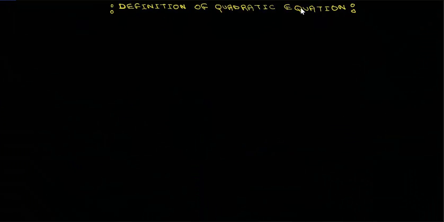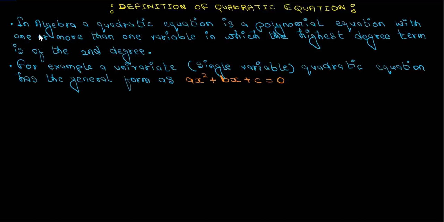Now let us come to the definition of a quadratic equation. In algebra, a quadratic equation is a polynomial equation with one or more variables in which the highest degree term is of second degree.